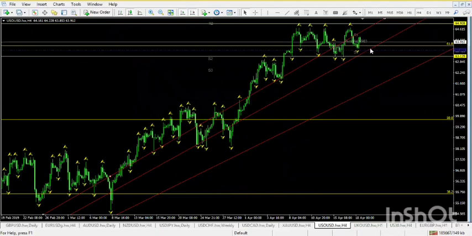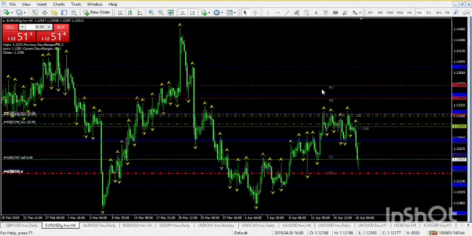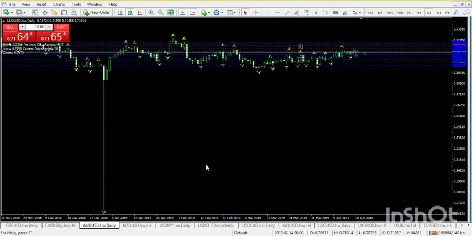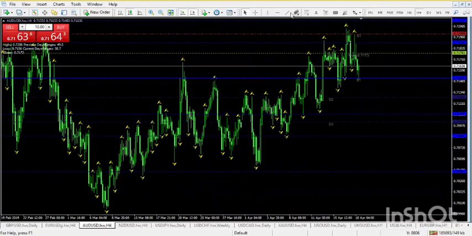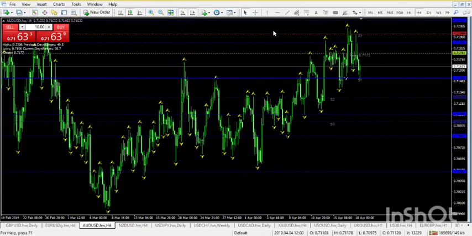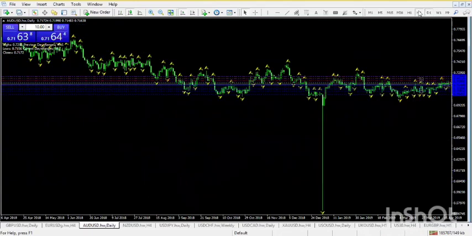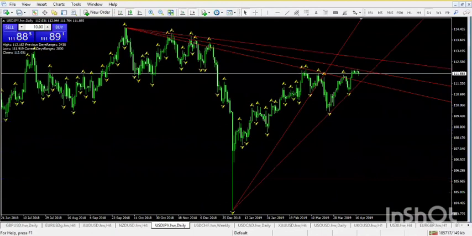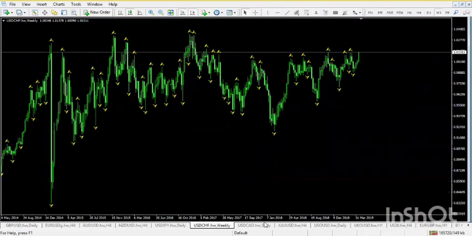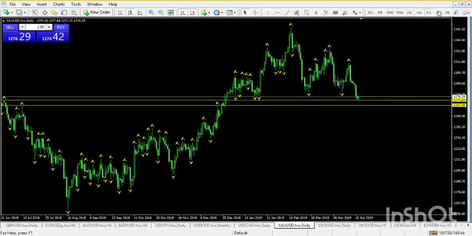So if you make mistakes in putting the stop loss on the chart, it's going to cause you a loss. You see, for example, in the AUD chart here, let's move on to another chart. This one wasn't good enough. So let's move on to the gold chart.